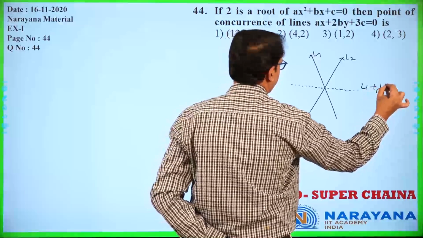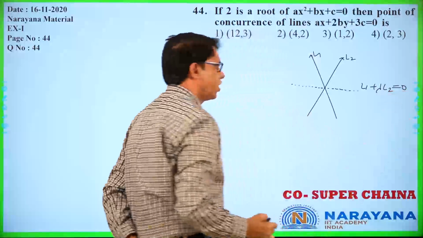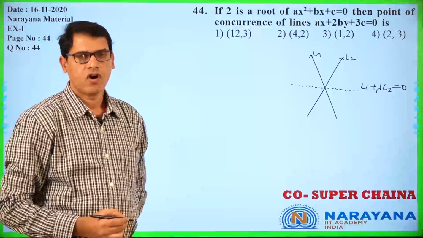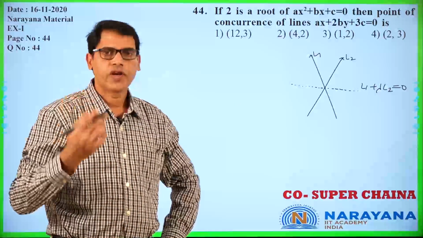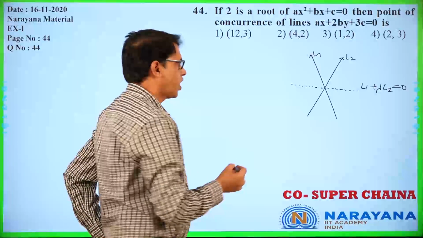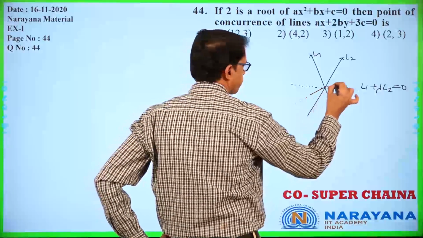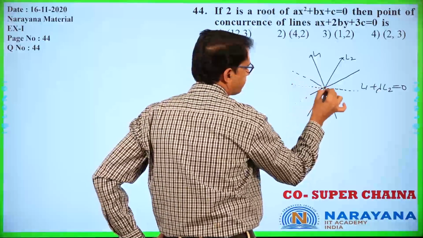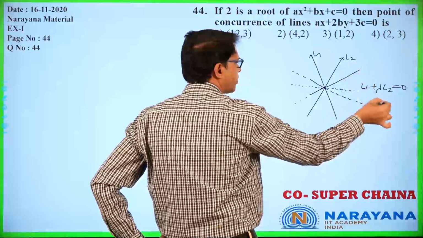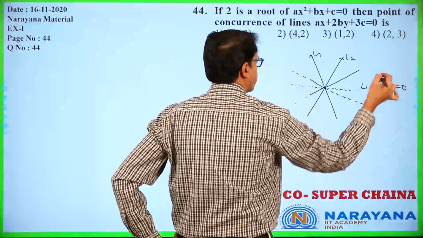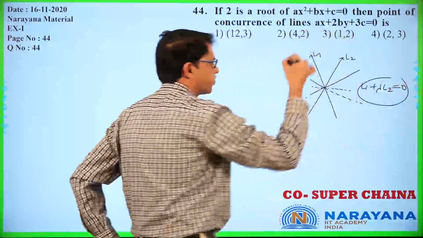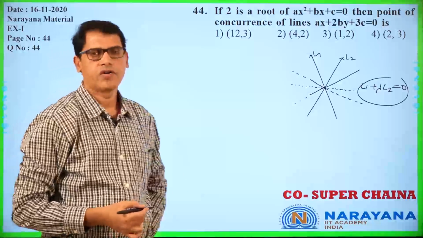L1 plus lambda L2 equals 0. Here lambda is the parameter. How many values are possible? Infinite values are possible, meaning you may have another line. All the lines are given by this equation only, L1 plus lambda L2 equals 0.